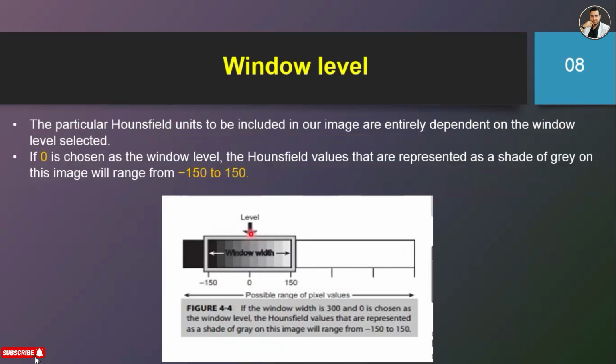If 0 is chosen as the window level, or if we make 0 the center point, then the Hounsfield values that are represented as shades of gray on this image will range from minus 150 to plus 150.